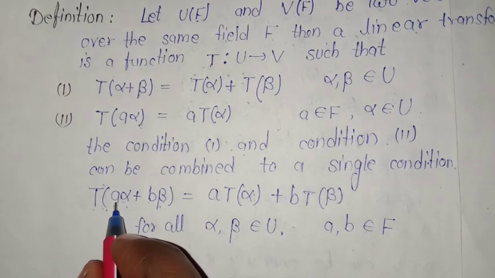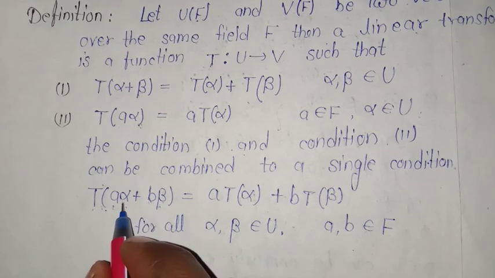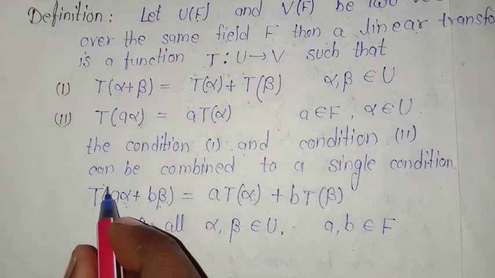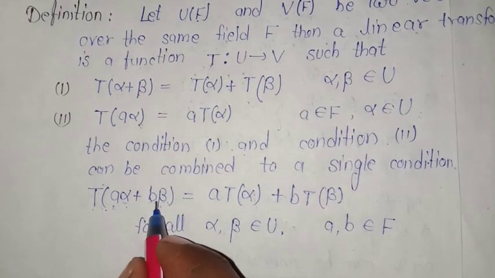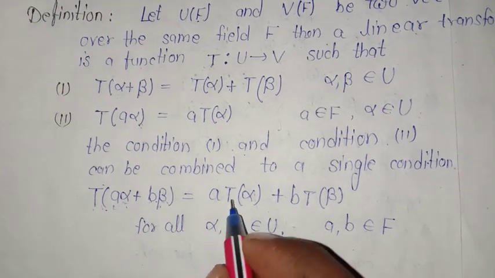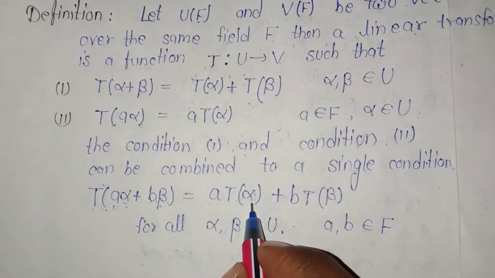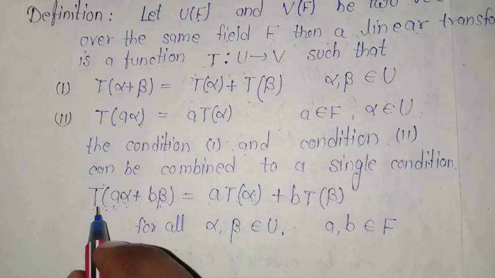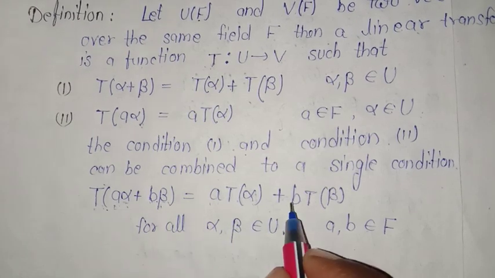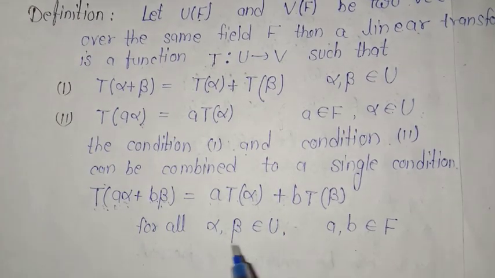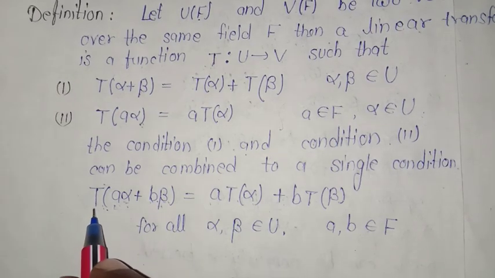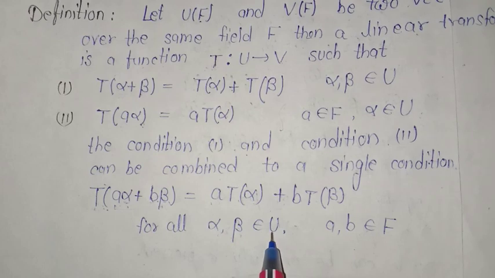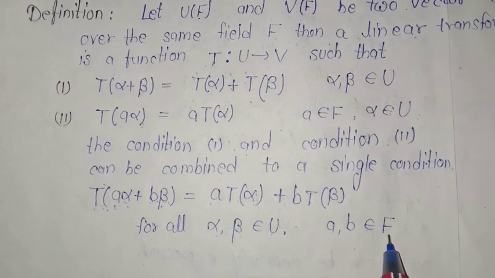I have chosen two scalars from the field F and taken the linear combination with the vectors alpha and beta and applied the function T over the linear combination of vectors, then we get a times T of alpha plus b times T of beta. If the mapping, that is the function T, satisfies this condition, we can directly say that the function T is a linear transformation, where alpha, beta are elements of U and a, b are elements of F.